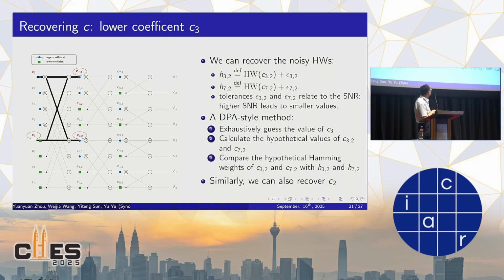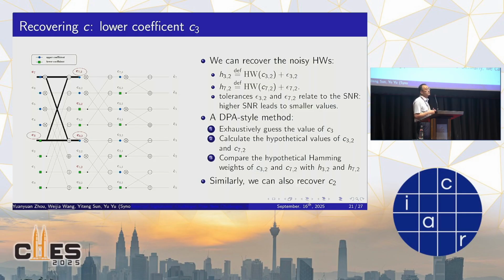What we can do is recover the noisy Hamming weights of them. Let's denote H32 as the Hamming weight of c3^2 plus some tolerance, and H72 as the Hamming weight of c7^2 plus some tolerance. The tolerance relates to the SNR of the side channel leakage: a higher SNR leads to a smaller tolerance.